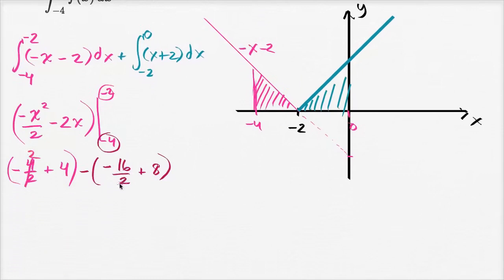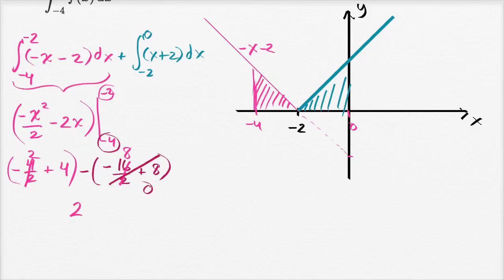This right over here is negative 8. So the second term right over here is just going to be equal to 0. Did I do that right? Yeah, the 16 over 2, it's negative, and it's positive. Okay, so this is just going to be 0. And this is negative 2 plus 4, which is going to be equal to 2. So what we have here in magenta is equal to 2.